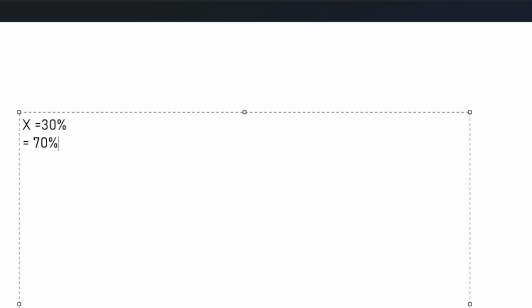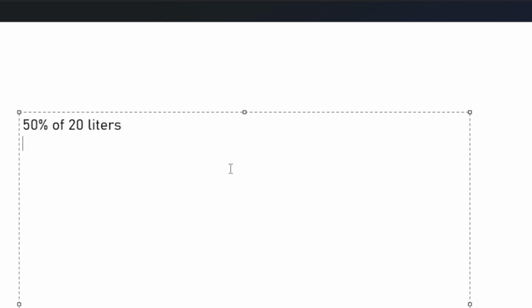So the total mixture must be 20 liters. Now we set up an equation based on acid concentration. The total acid in the mixture should be 50% of 20 liters.